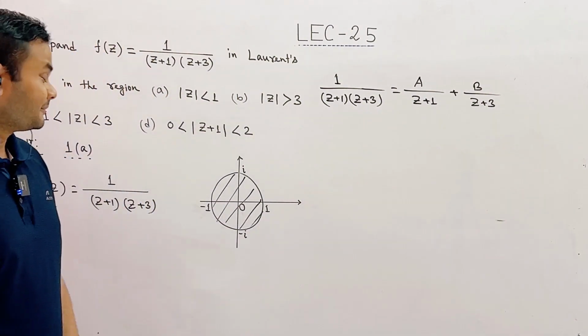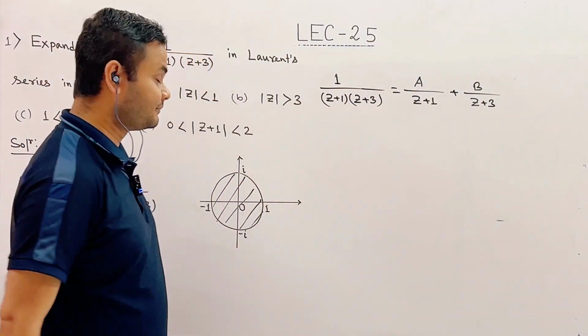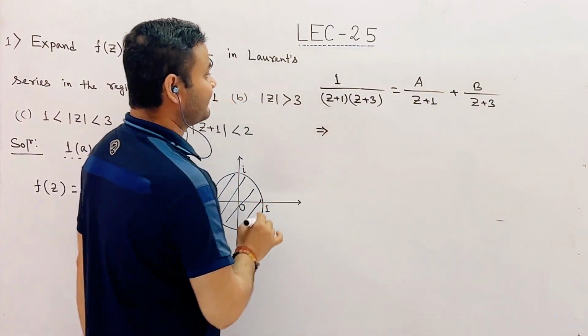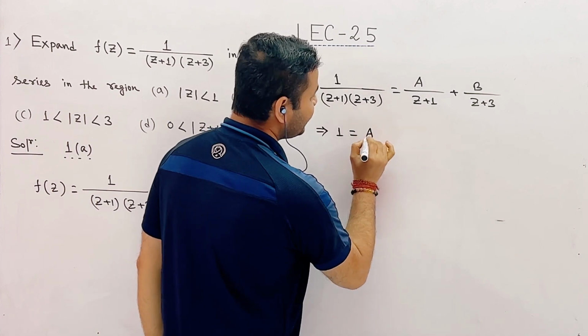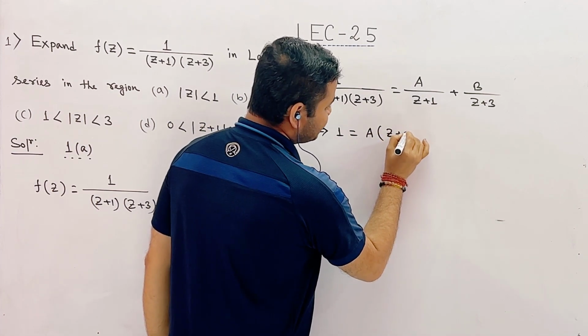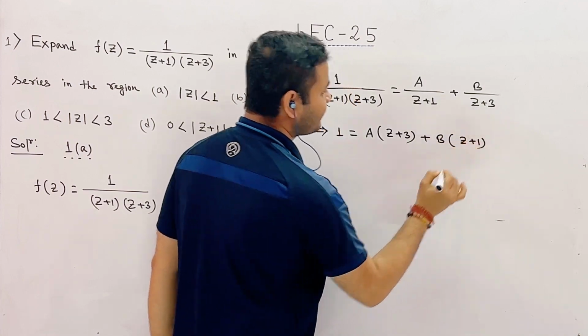Now let us multiply both sides of this equation by (z plus 1) into (z plus 3). So the left hand side will become 1 and the right hand side will become a into (z plus 3) plus b into (z plus 1).